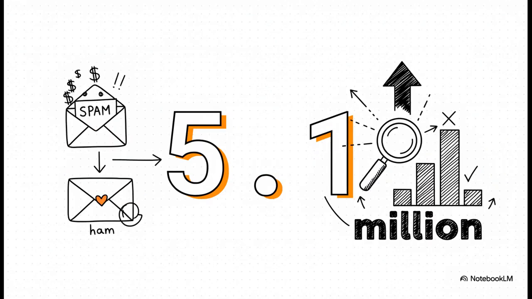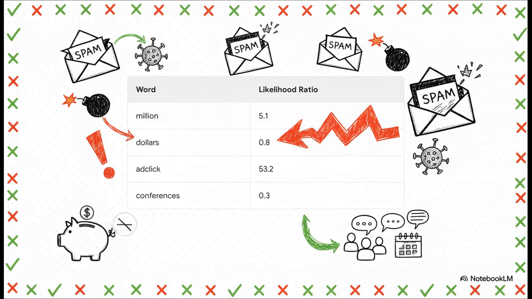Now for the really cool part. We compare the two. We divide the spam frequency by the ham frequency to get something called the likelihood ratio. For the word million, that ratio is 5.1. This number is the power of our clue. It means the word million is 5.1 times more likely to show up in a spam email than in a ham email. We can do this for every single word.